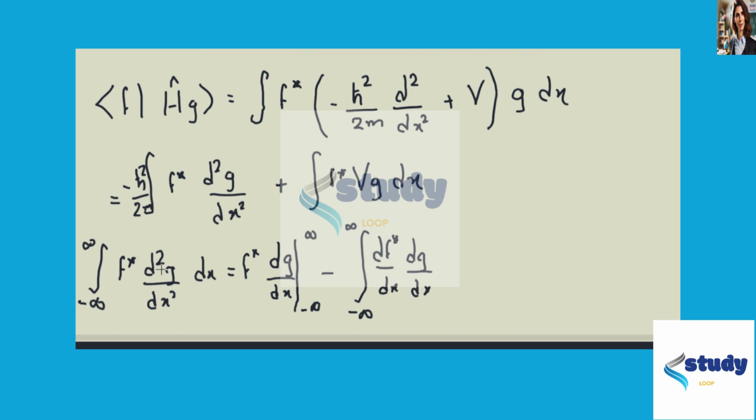So one of the derivatives has gone to this side because of integration by parts.